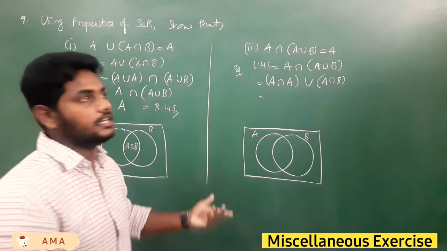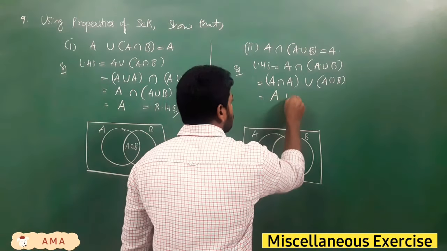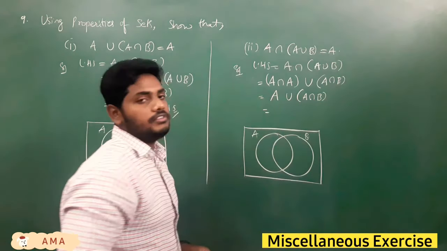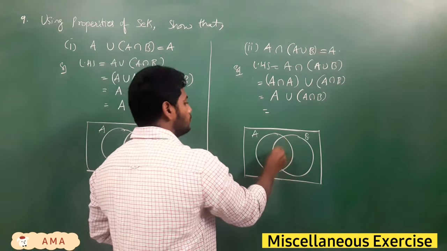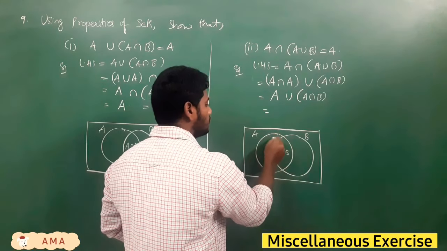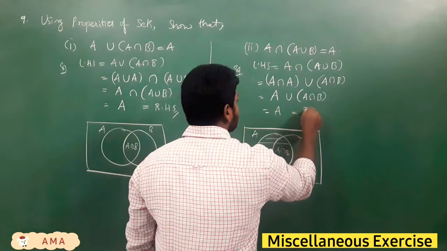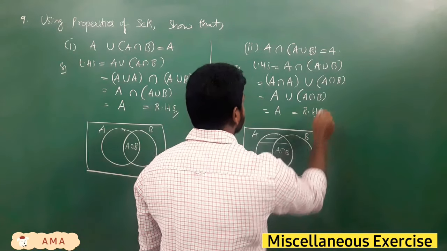We will get A only, union A intersection B. A union with A intersection B is nothing but A only, which is equal to the RHS.